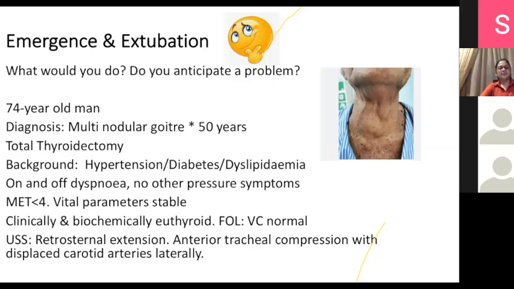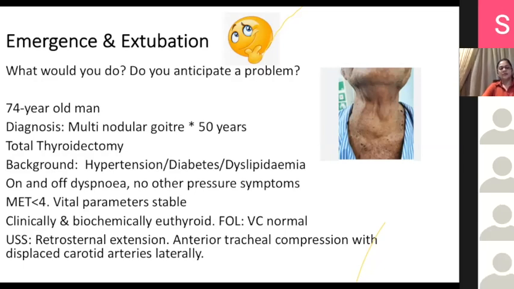His MET was less than 4, but the vital parameters were quite stable. Clinically and biochemically, he was euthyroid, and his vocal cords were normal on FOL. Ultrasound scan showed retrosternal extension, anterior tracheal compression with displaced carotid arteries, both carotids laterally.